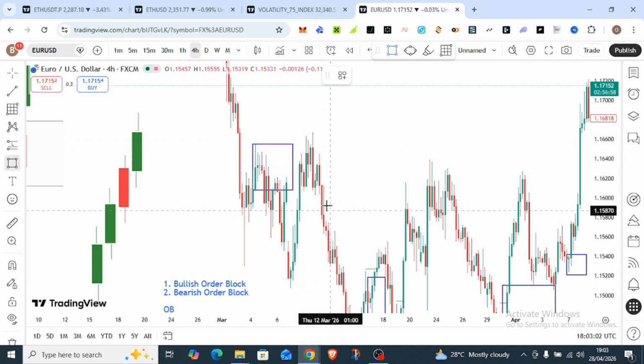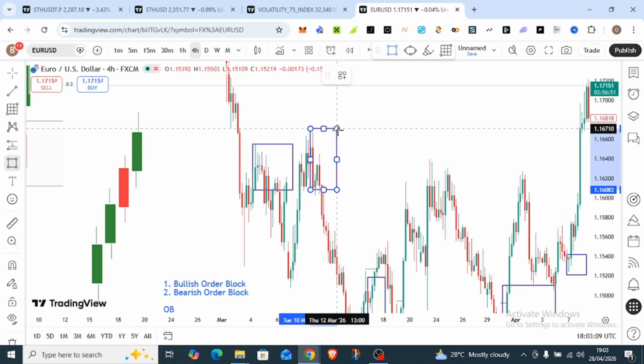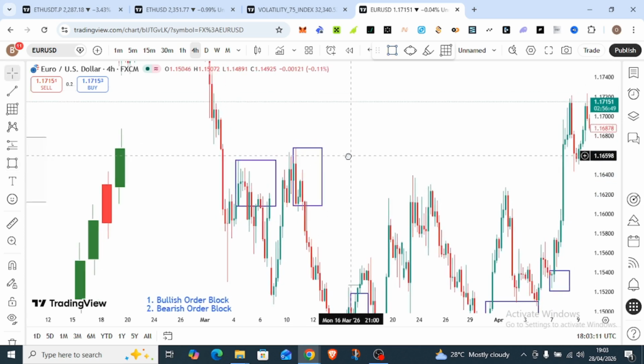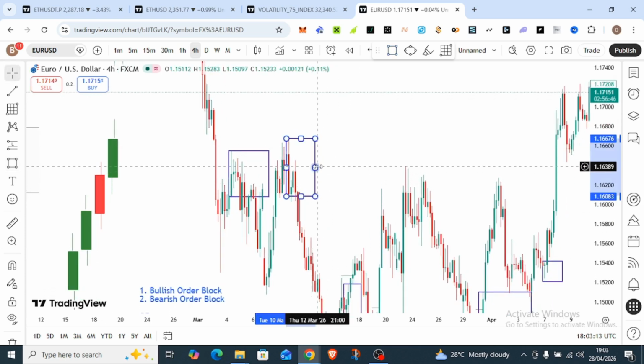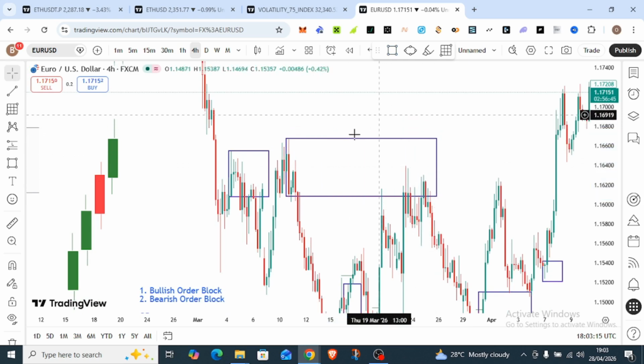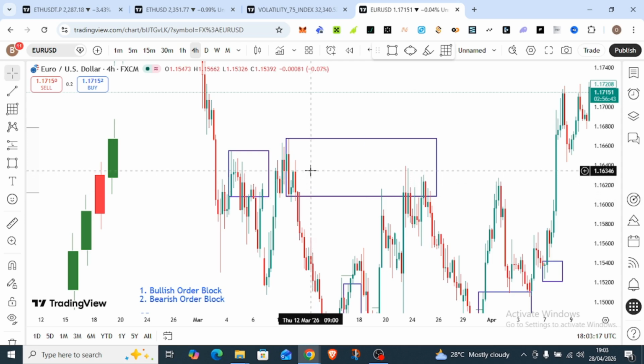In this place, there's a break of structure. You can mark this. This is an order block here. This is an order block. And in this place, there's also another order block here. There's also another order block here.